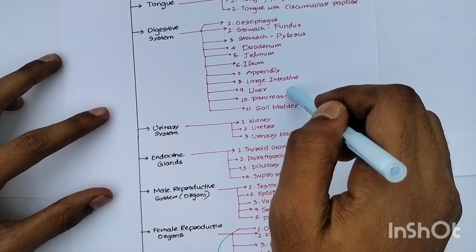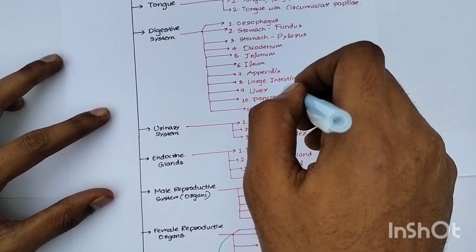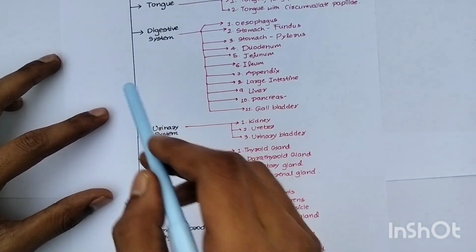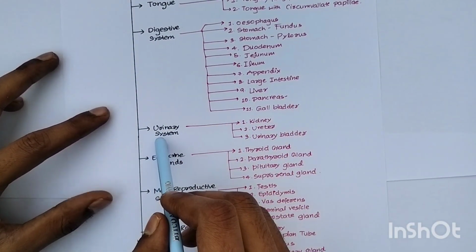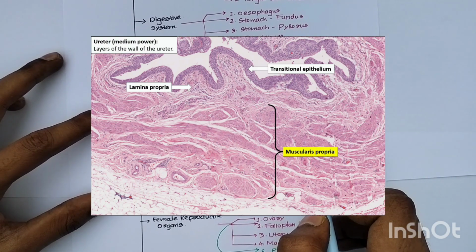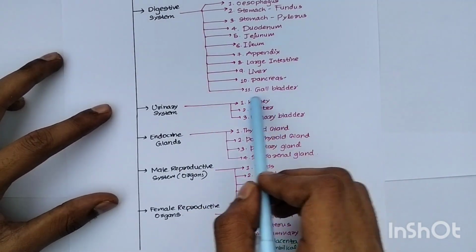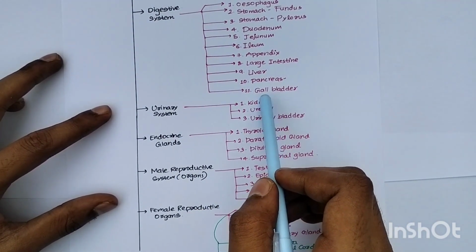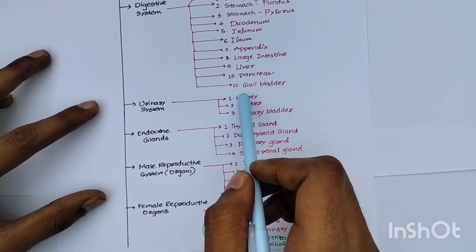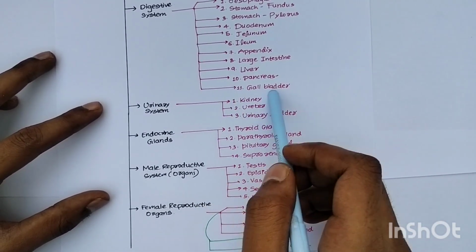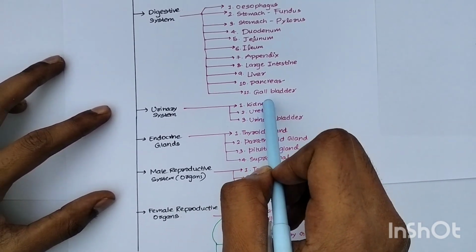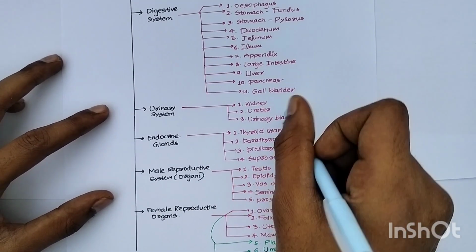If you know the structures and their secretions and functions, you'll know what the overall organ does for your body. Then the urinary system, like kidney, ureter, and urinary bladder. The kidney is a critical organ for urine formation and elimination of waste from your body. You have to know the renal cortex, the cells that are there in the kidneys, and what a nephron is, microscopically.